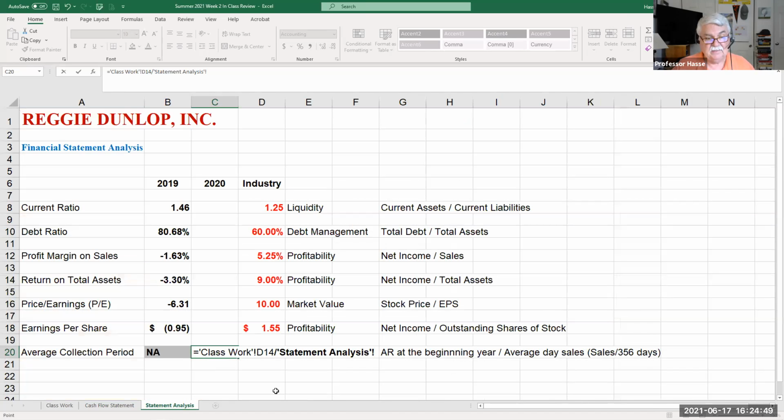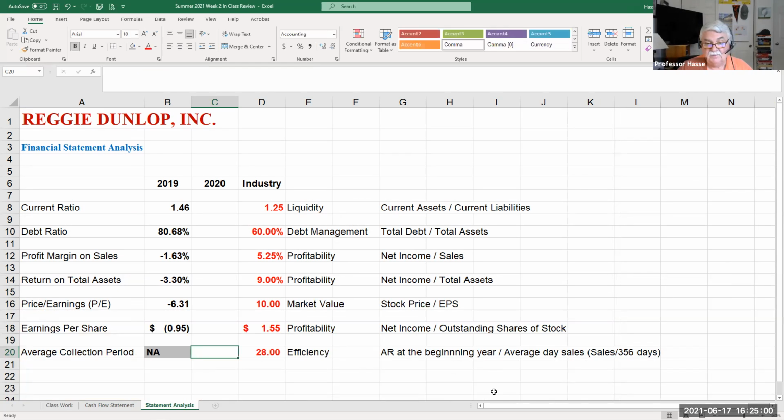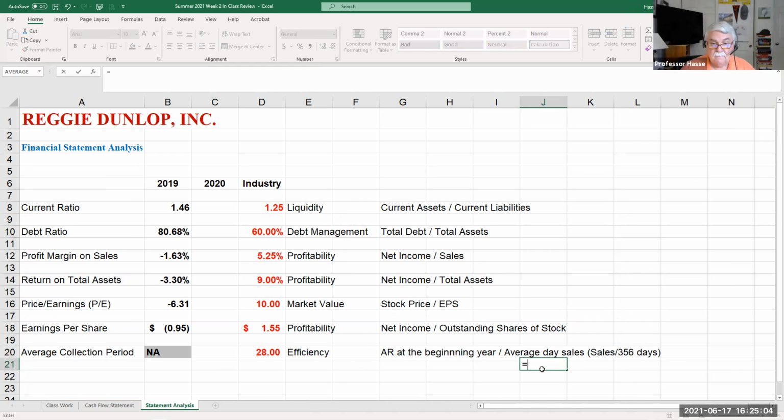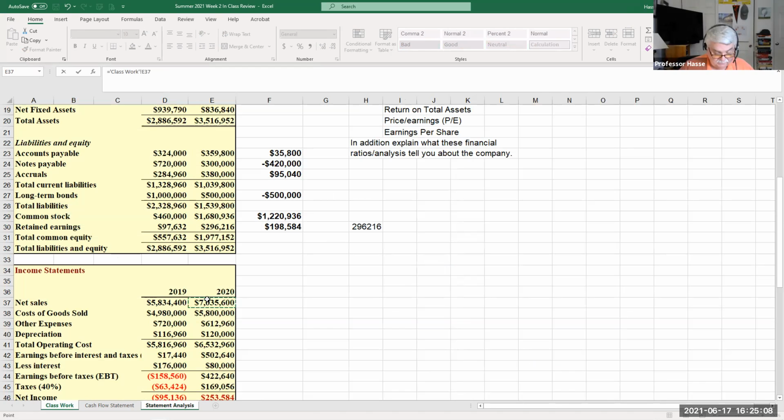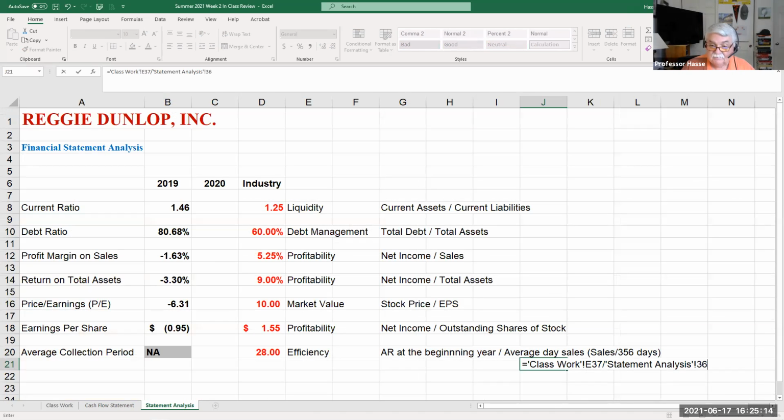So if we take the beginning accounts receivable balance and divide it by our average sales, why don't we do the average sales? Average sales is our sales for 2020 divided by 365 days.